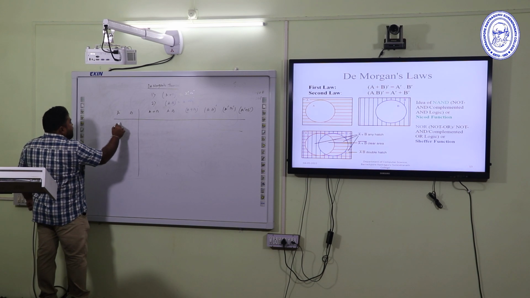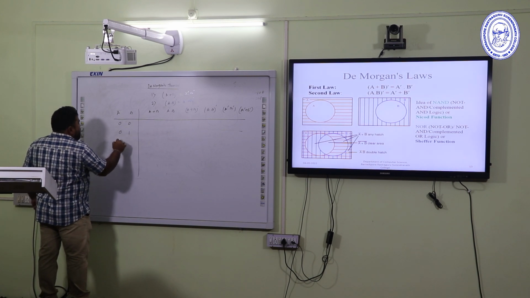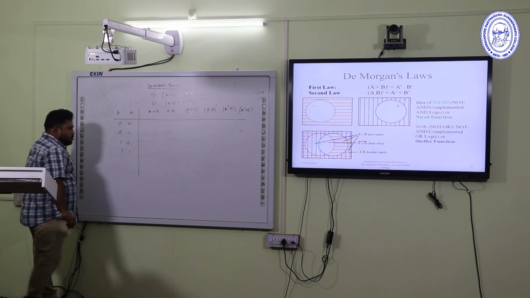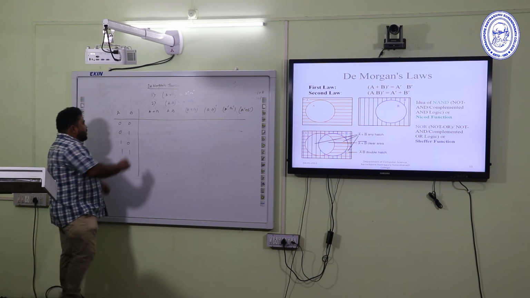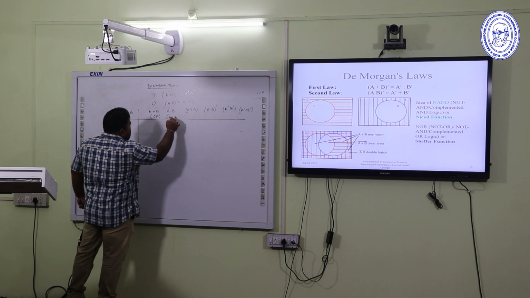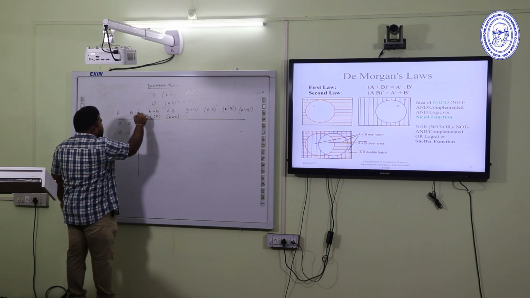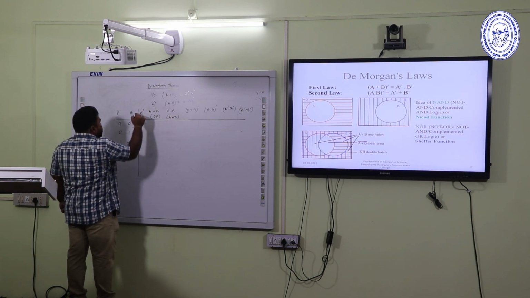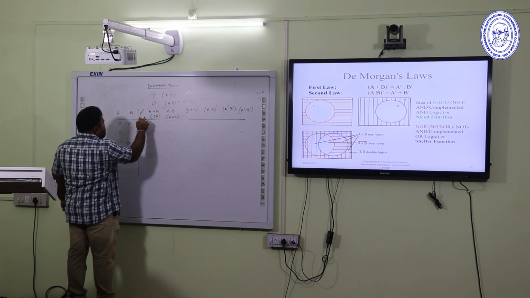Here are 4 combinations: 0,0, 0,1, 1,0 and 1,1. This is the OR operation, this is the logical AND operation, and if we take another value, that is a prime, that is the NOT operation.